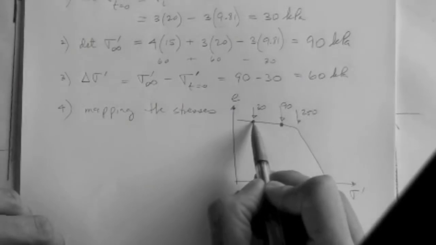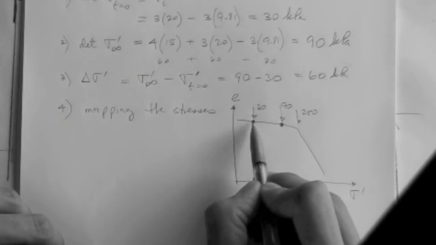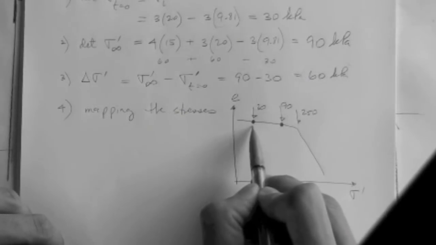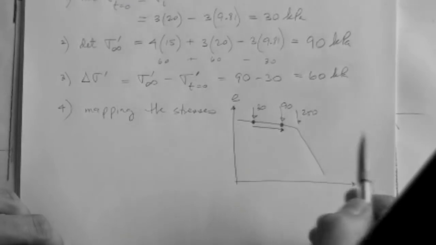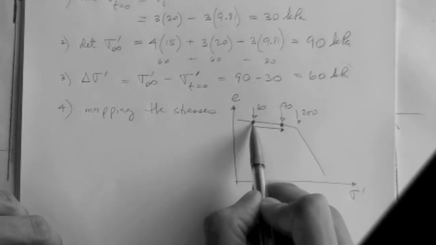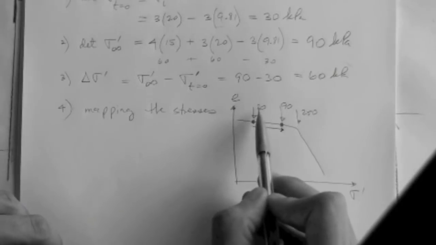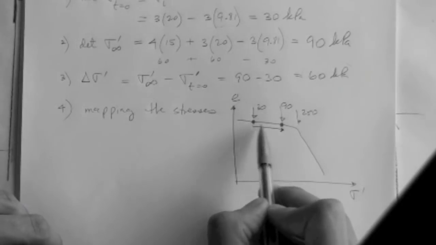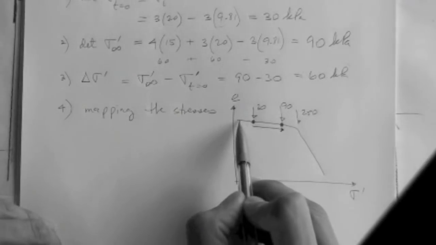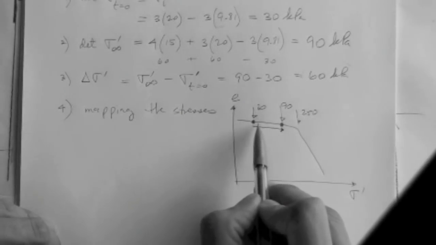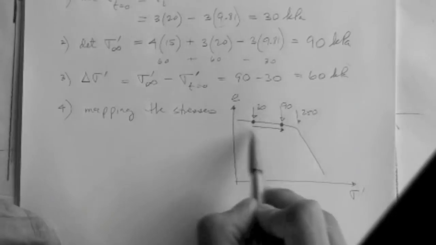So we put these two dots on the curve for the initial and final, and the soil is going to deform from supporting 30 kPa of effective stress to supporting 90 kPa. So the soil is going to deform along the first portion of the curve.